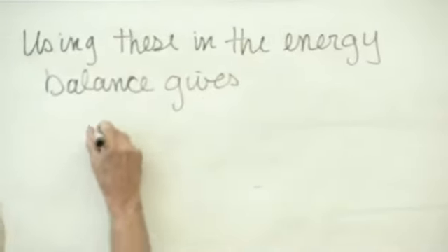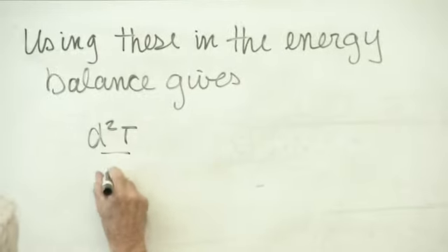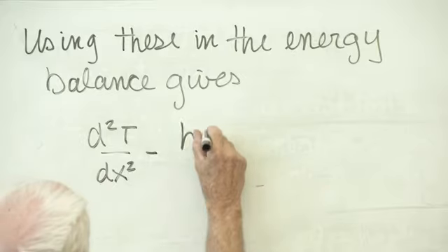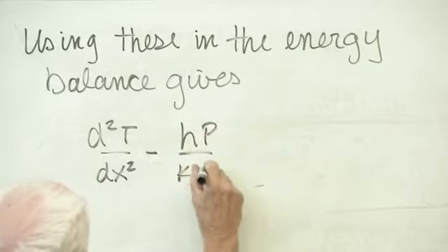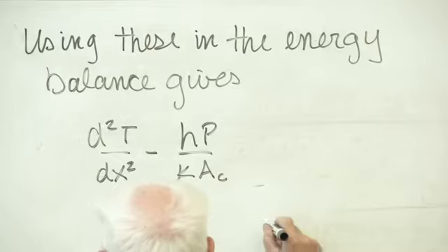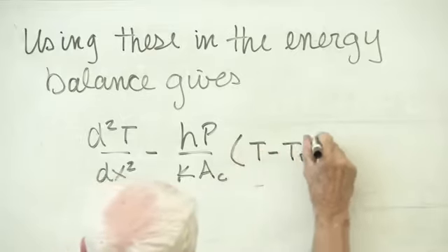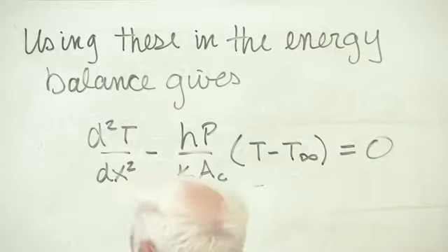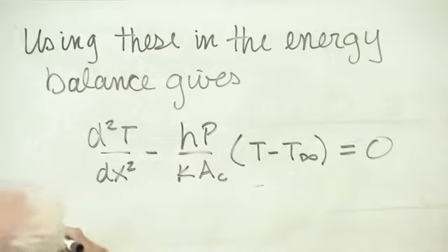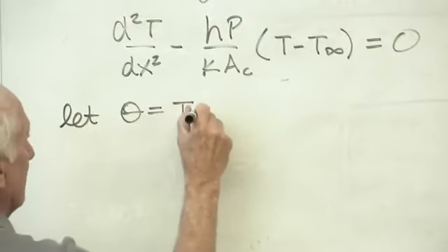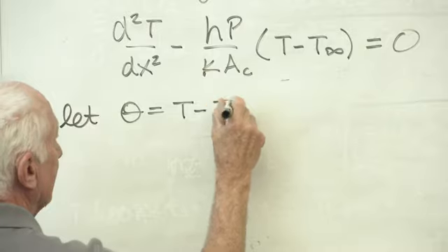d squared T/dx squared minus (hP/kAc)(T minus T infinity) equals 0. Now we do some simplification. First one, we let a new variable theta equal fin temperature minus T infinity.